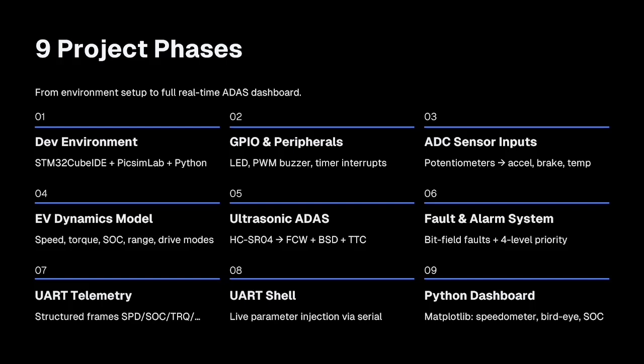This protocol is used for running the Python dashboard from the values from the STM32 board, then the UART shell. Then finally, we created the Python dashboard using matplotlib, where we show a graphical representation of the speedometer, the bird's eye view, state of charge, and other parameters.